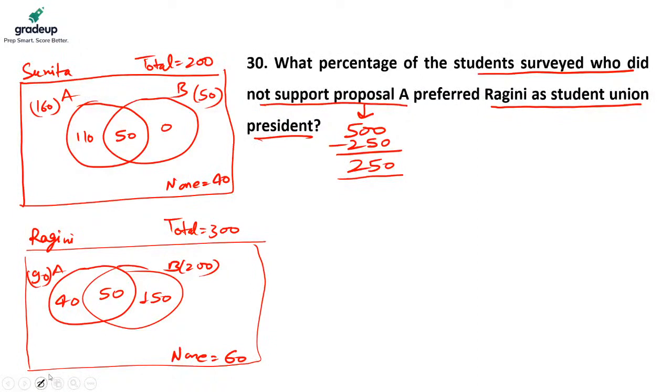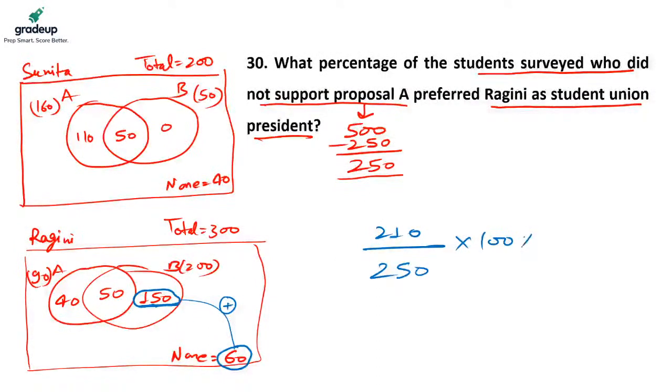Can I say 150, that is this value? These people did not support A. And 60. So out of 250, basically 150 plus 60, the sum of these two values. So 210 is what percentage of 250? You can cancel it out by 4. Our answer here is 84%.